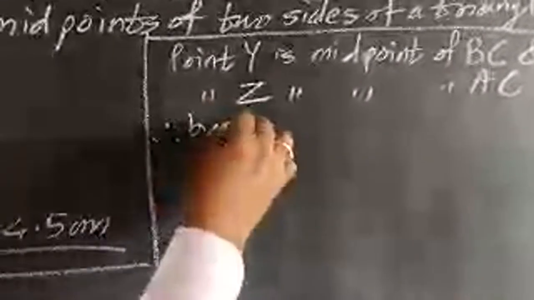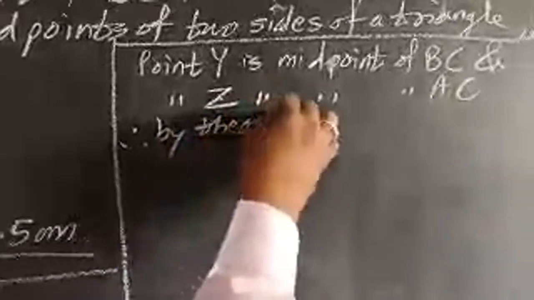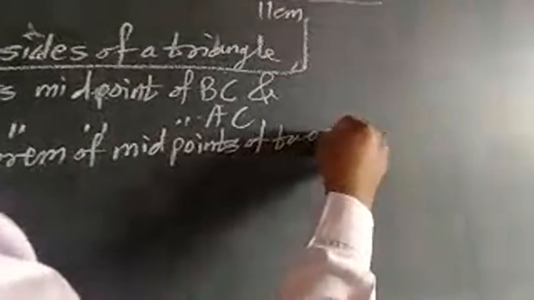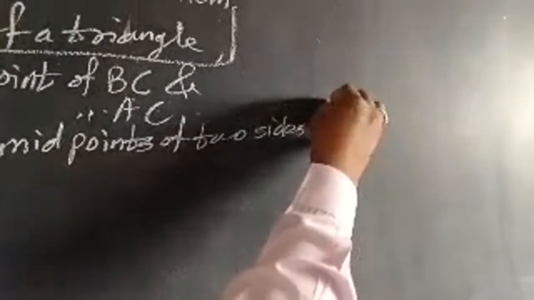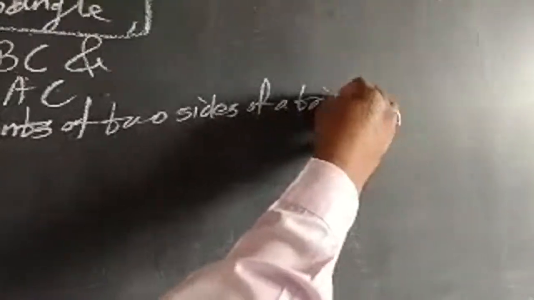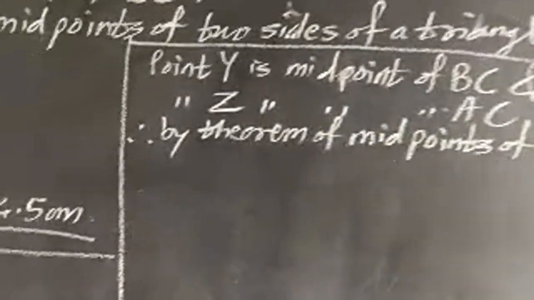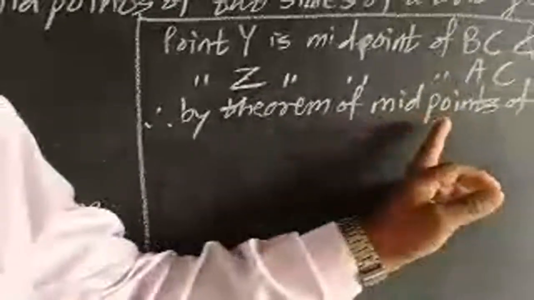Therefore, by the theorem of midpoints of two sides of a triangle, by that theorem, what do we write?